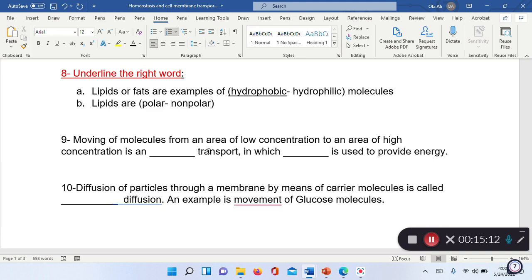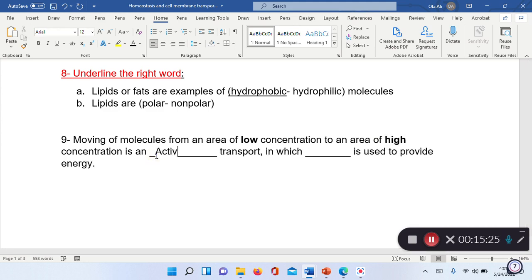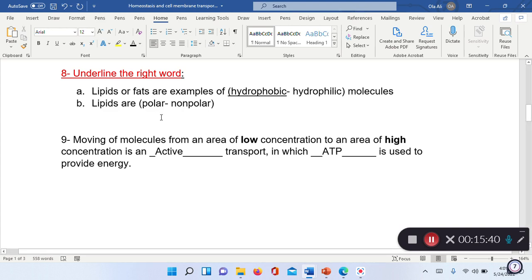So you may remember it this way: if molecules go from lower to higher concentration, that is active transport, and active transport needs energy in the form of ATP. So here, ATP molecules are used to provide energy in active transport.